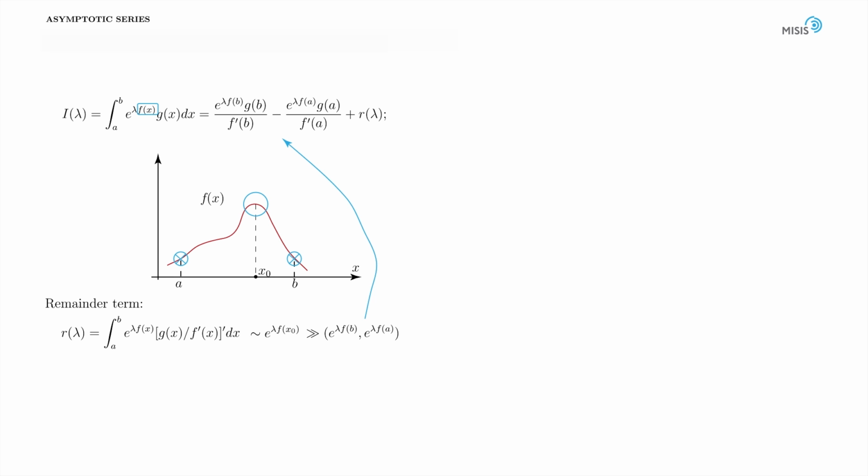This is the reason why the error of the method of integration by parts is exponentially large compared to the main contribution, proportional to e to lambda f of a or e to lambda of f of b. This is why the estimate doesn't work for non-monotonous functions.